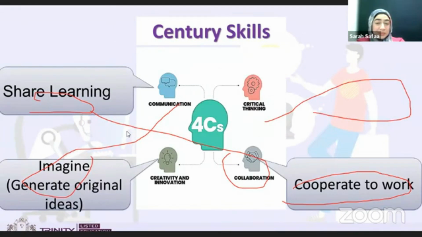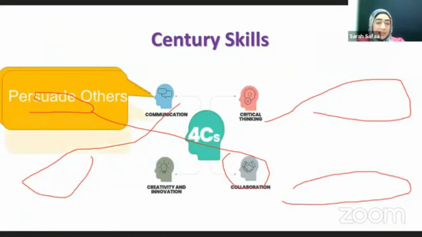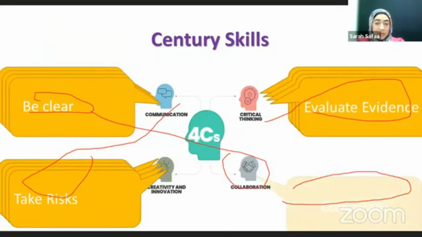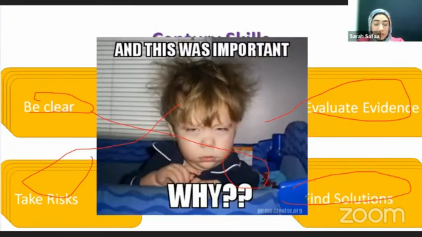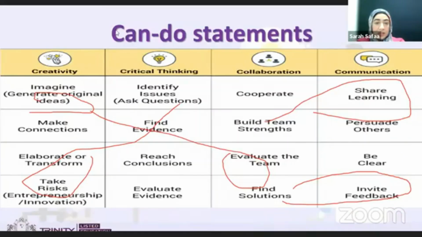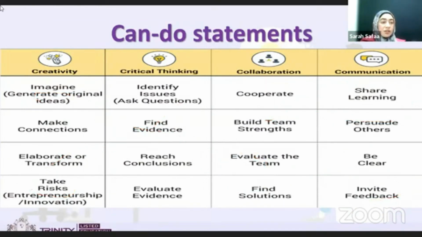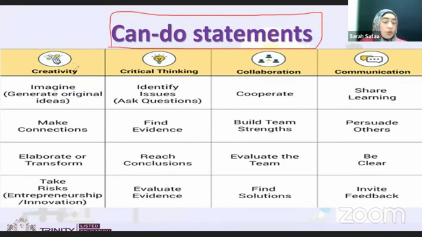However, let me move into this part because you should be participating with me here. But according to knowing what the skills are exactly, you will be able to develop some can-do statements. And according to these can-do statements, you will be able to evaluate your students' skills.